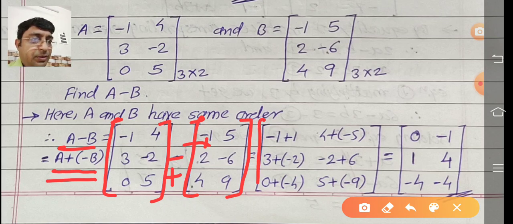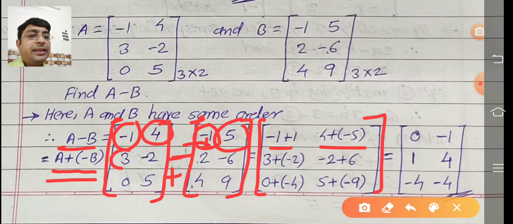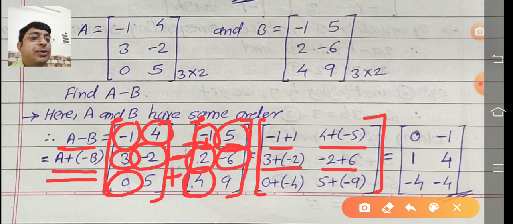So after addition or subtraction: minus 1 minus of minus, plus 1, then 4 plus of minus 5 because here is a minus sign, then 3 plus of minus 2, then minus 2 minus of minus 6, that is plus 6, then 0 minus 4, and last one 5 minus 9.